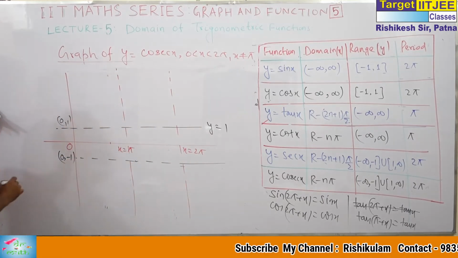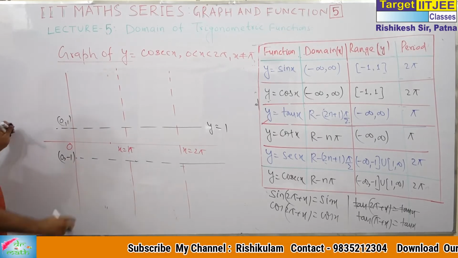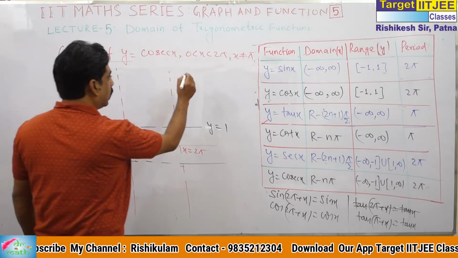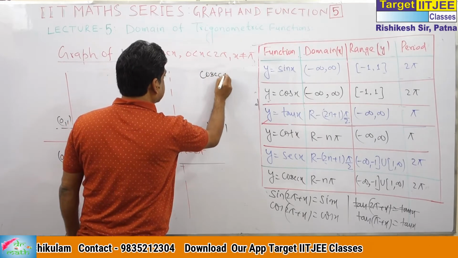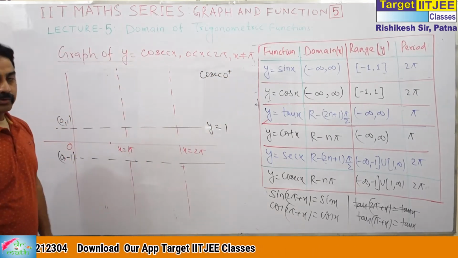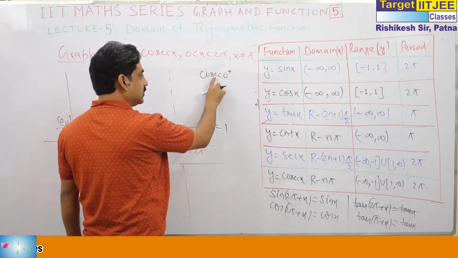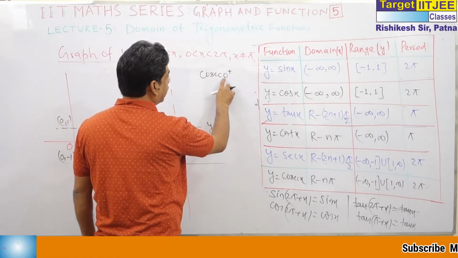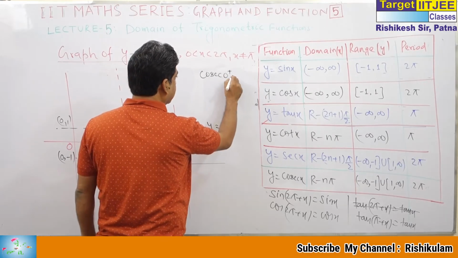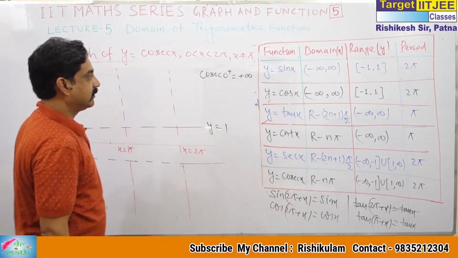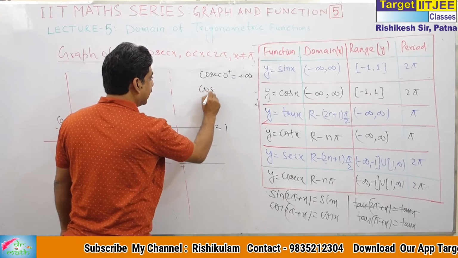Now, we start from what? What is cosec 0 plus? Cosec 0 is not defined, so its value is either plus infinity or minus infinity. But since cosec 0 plus lies in the first quadrant, this is plus infinity. What is cosec pi minus?